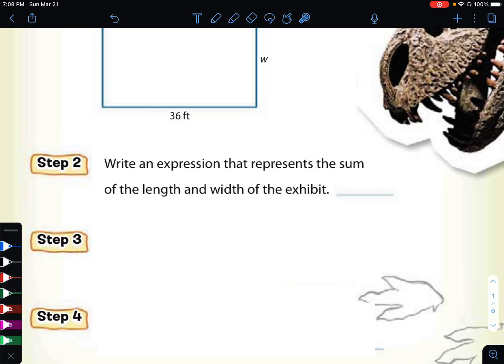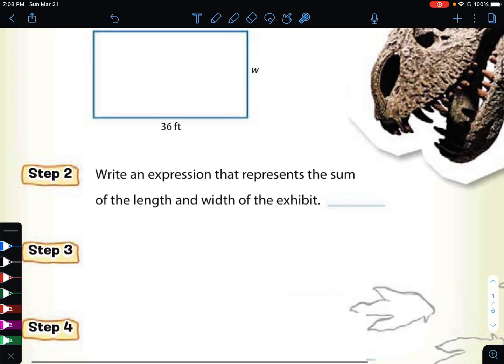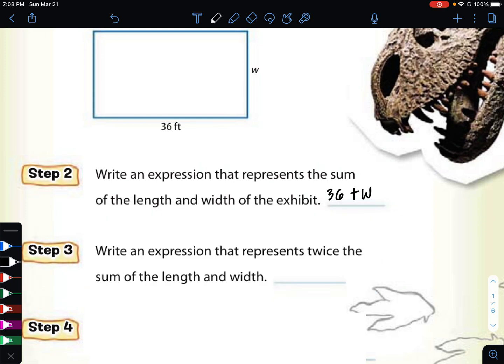Step number two, write an expression that represents the sum of the length and width of the exhibit. Since the length is 36 and the width is W, I'm going to write down 36 plus W. Step number three, write an expression that represents twice the sum of the length and the width.